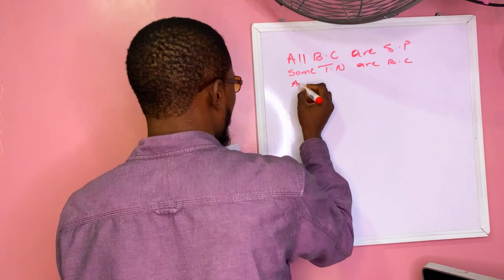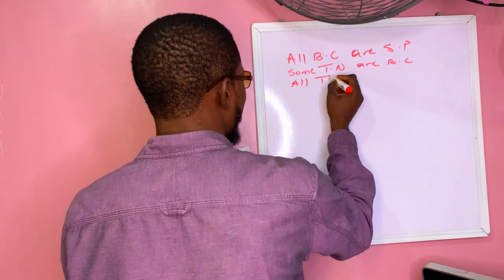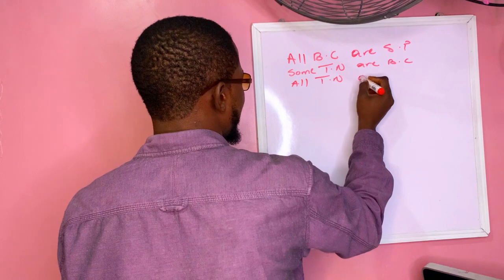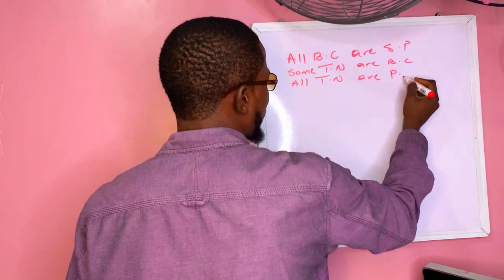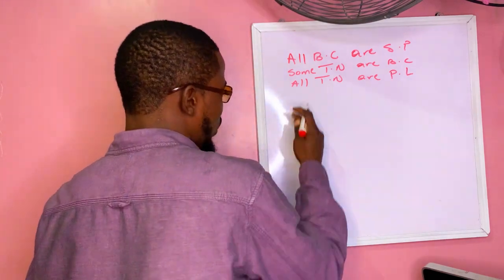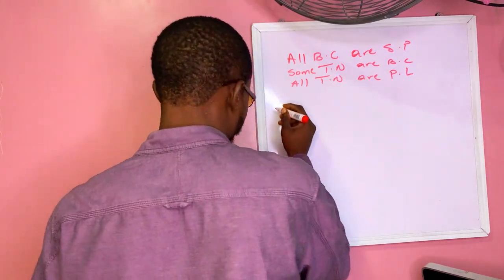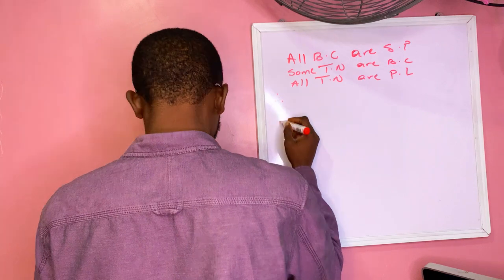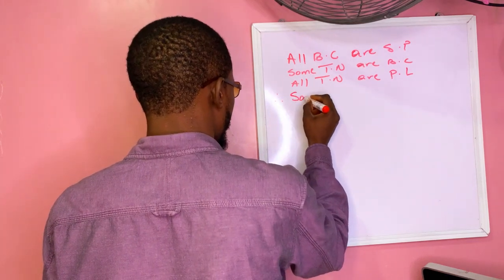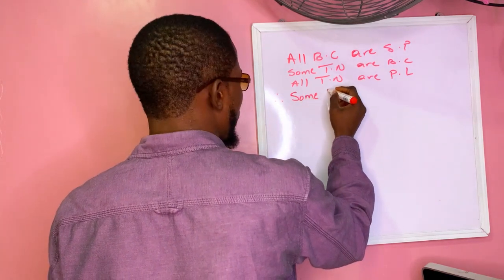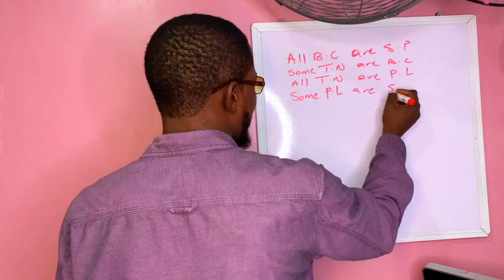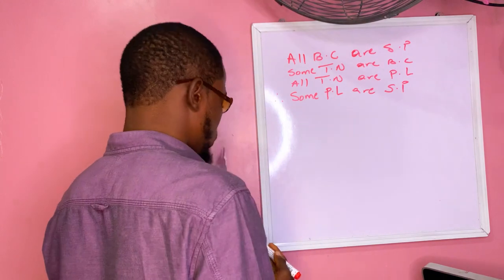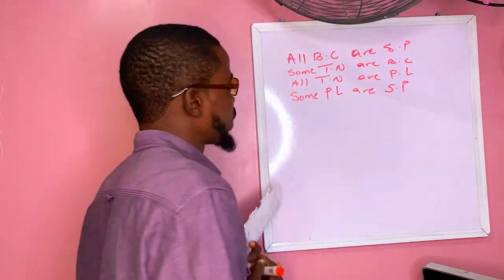Then the third premise, all timid Nigerians are people of low self-esteem. Therefore, some people of low self-esteem are superstitious people.